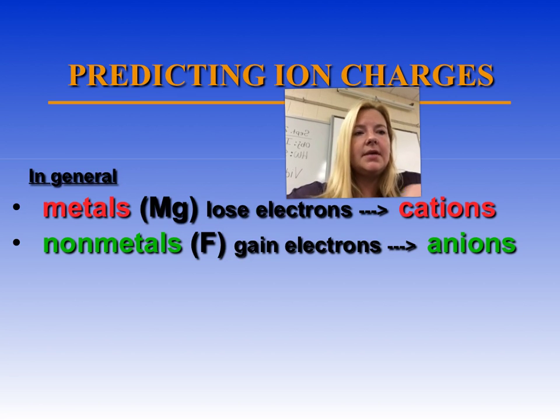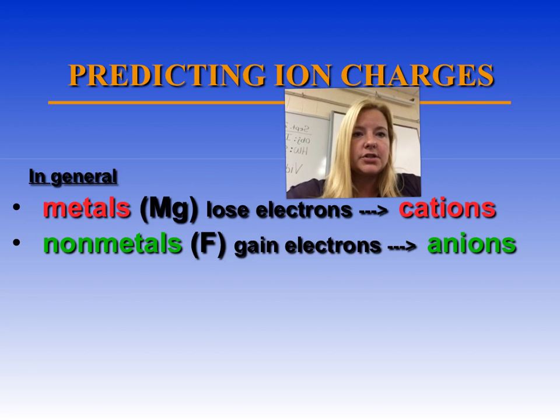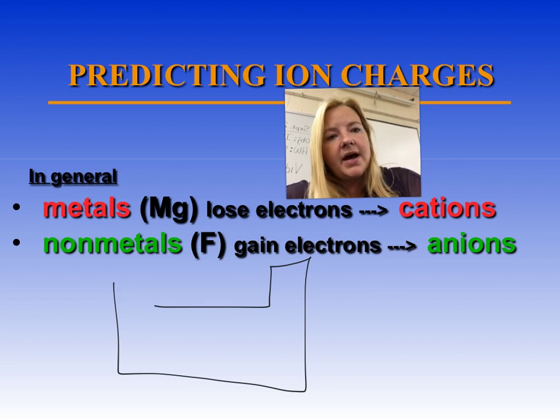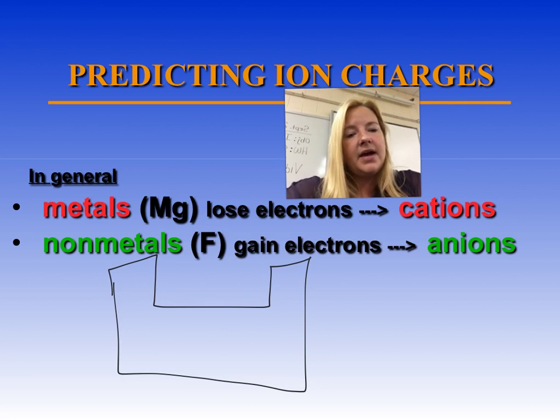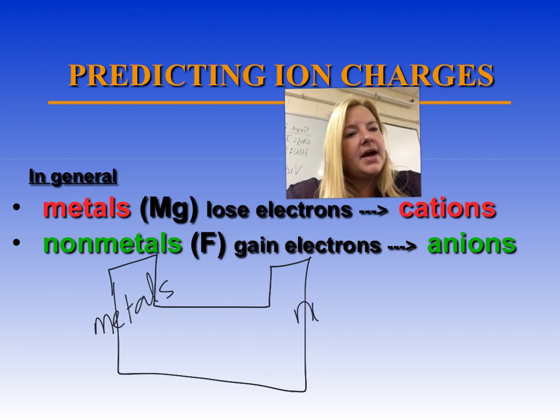Because the periodic table is arranged according to the number of protons, that means that if we have a neutral atom, they're also arranged according to the number of electrons. So we can make some general predictions because of that. On our periodic table, we have elements that are metals on the left side, and we have nonmetals on the right side.